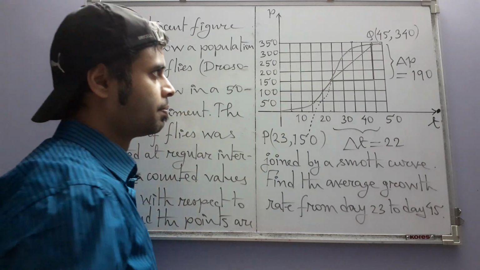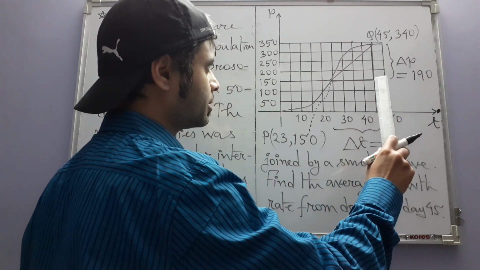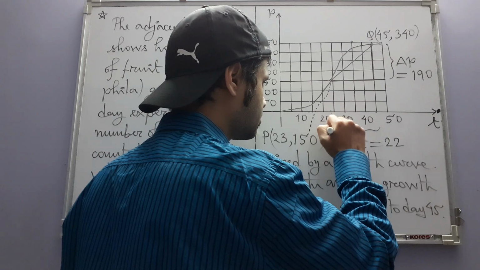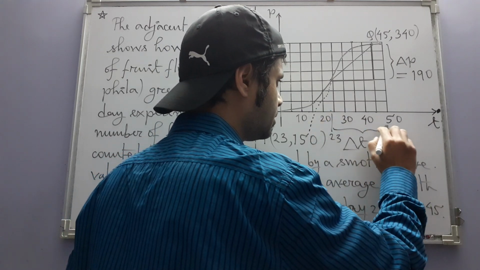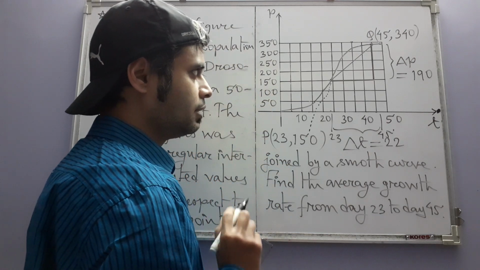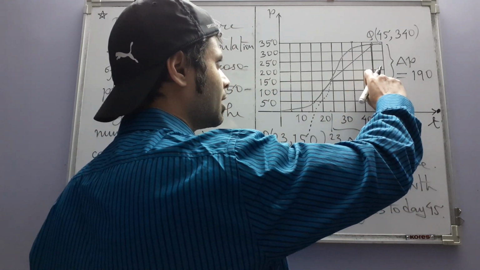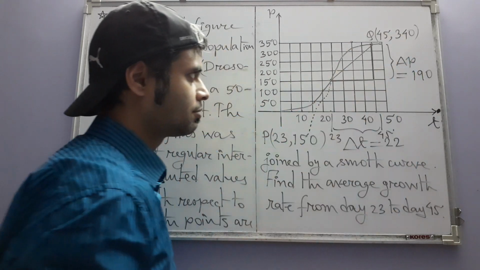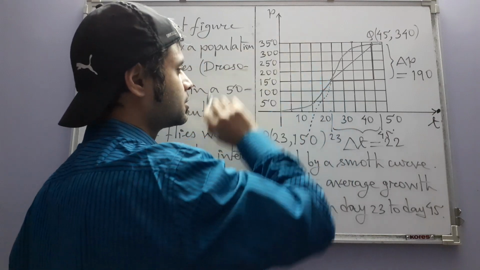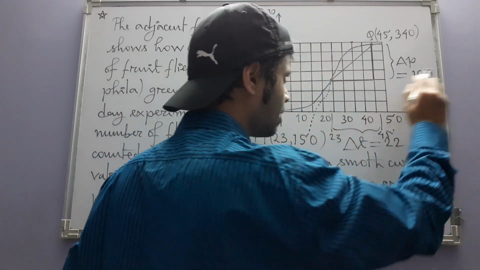And the difference in the population in this interval, 23 to 45, in this interval the population increased from 150 to 340, and the difference in population, P represents population or the number of flies, the same thing, is 190.